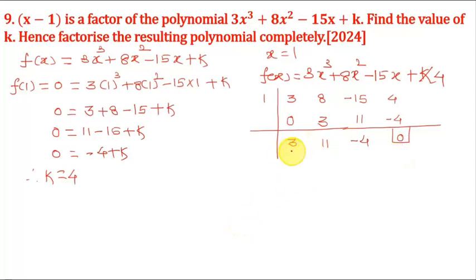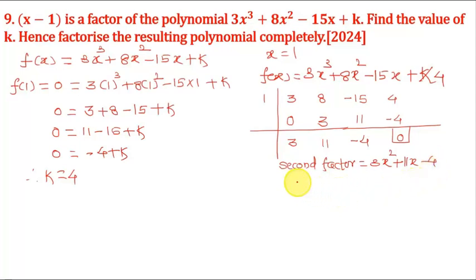Now the coefficients are 3, 11 and minus 4. 3 coefficients, hence degree of second factor is 2. Therefore it is 3x square plus 11x minus 4.